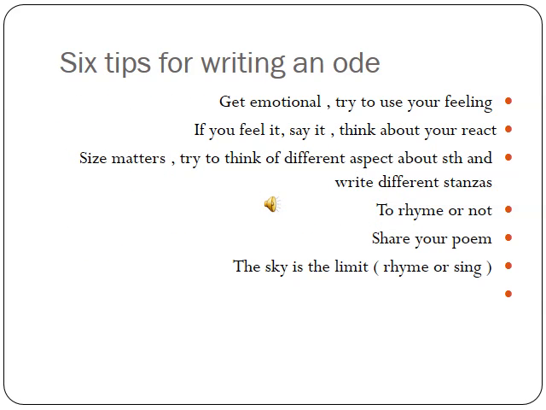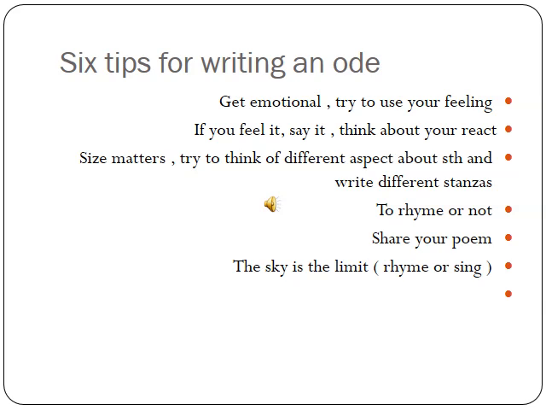So here there are 6 steps for writing an ode. When you are going to write an ode, there are 6 steps. You will not write the ode, okay? But just a general idea that you should know. The first one is get emotional.